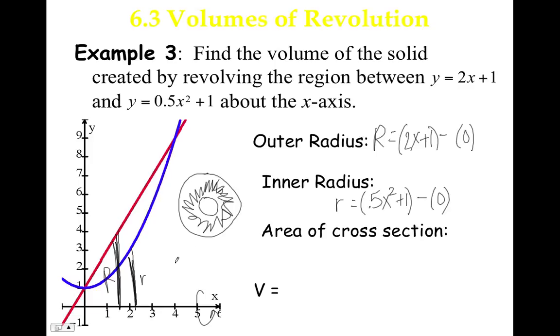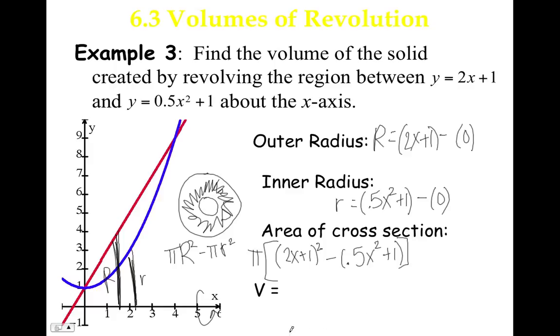All right, the area of that is going to be pi times the big R squared minus pi times the little r squared. I'm taking the area of the big circle and I'm subtracting the area of the little circle. I can factor out a pi, and so the area of one of my cross sections as a function of x is going to be pi times the big radius squared, minus the little radius squared.